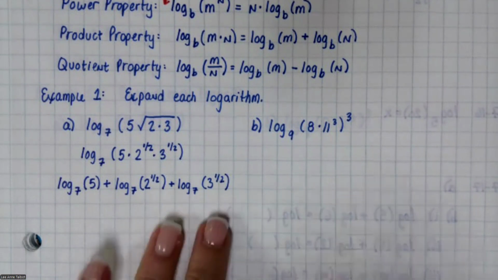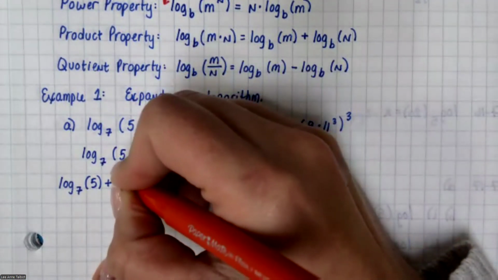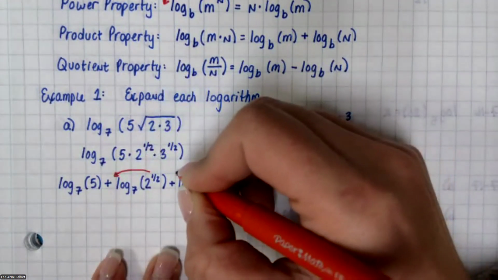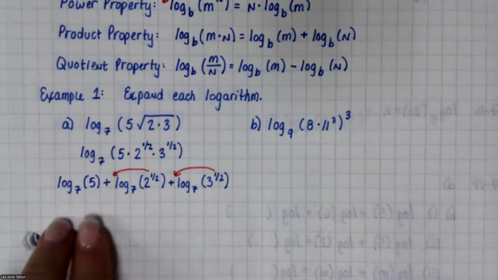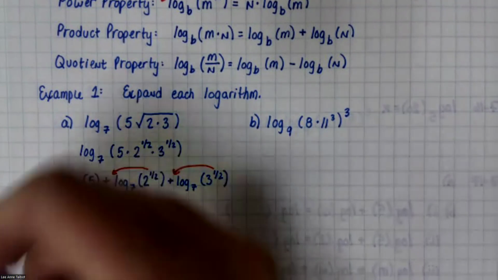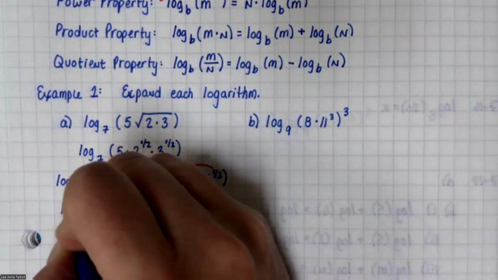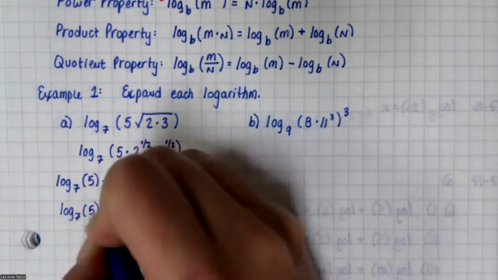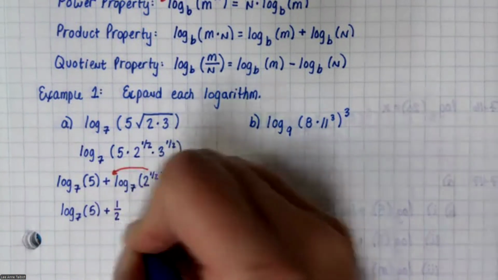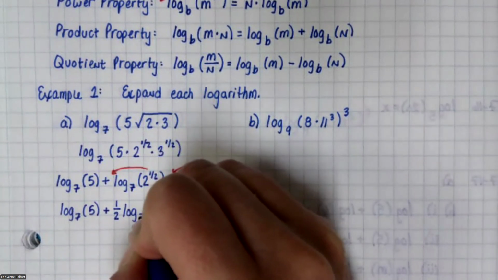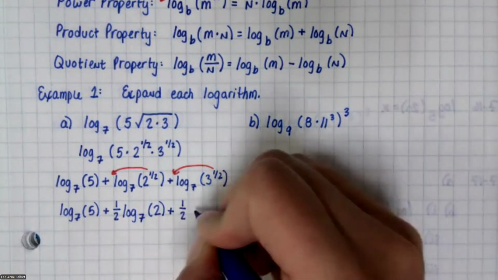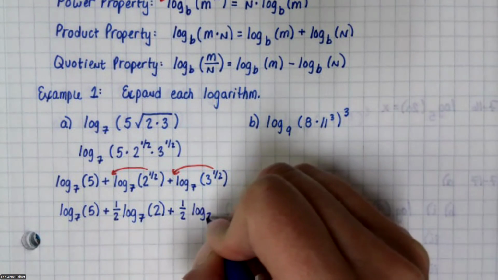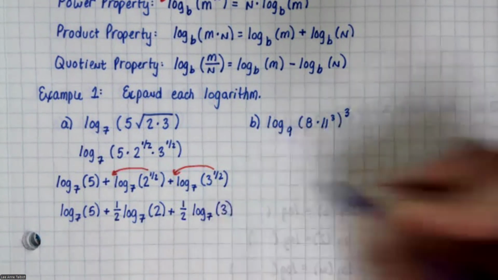Now these two have exponents, which I'm going to move to the front. I don't have to do that with this one because it doesn't have an exponent on it. Log base 7 of 5 plus 1/2 log base 7 of 2 plus 1/2 log base 7 of 3.